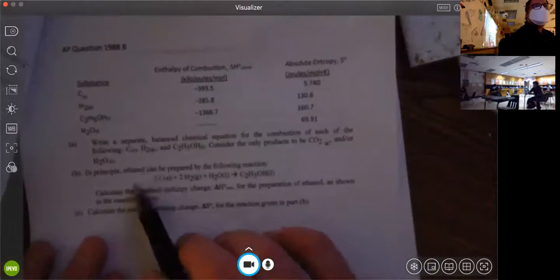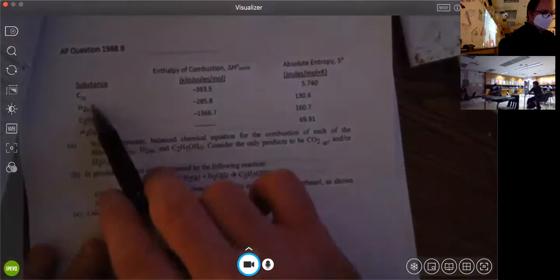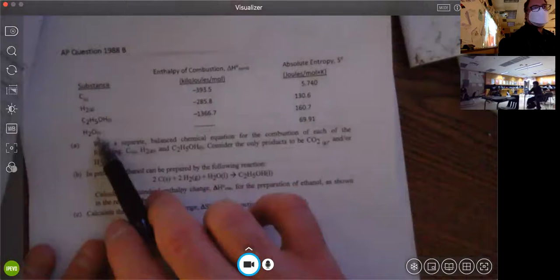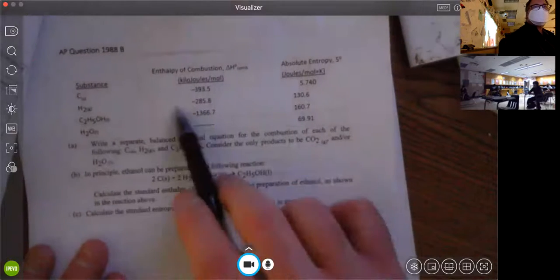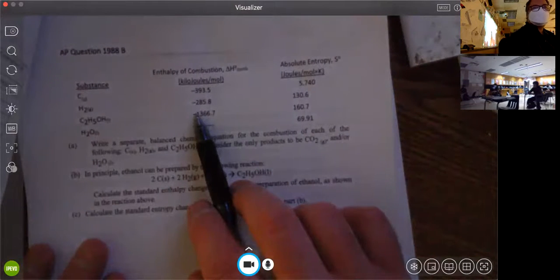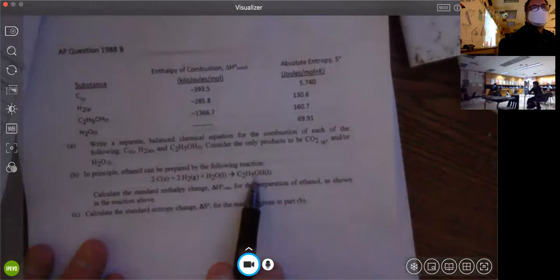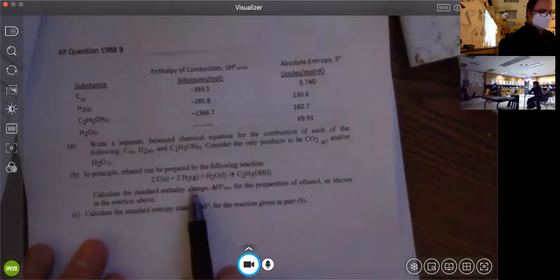For example, they like this problem here. Write a balanced equation for the combustion of each of the following. So basically, you combust all of these except for water because that's not going to combust. And these are the enthalpy of combustion for those reactions. They then say, okay, you could make ethanol this way. So calculate the standard enthalpy change.